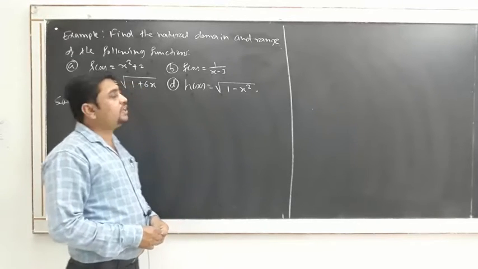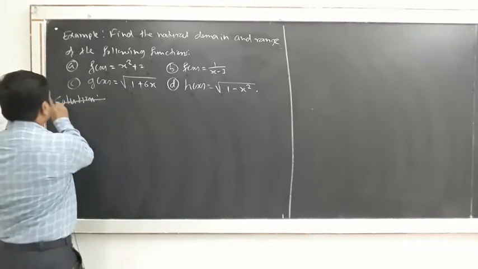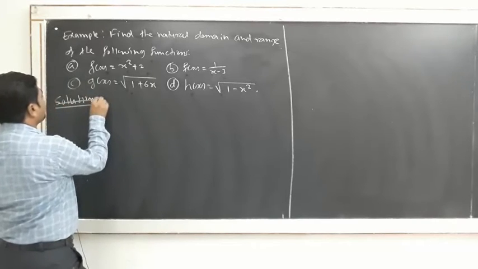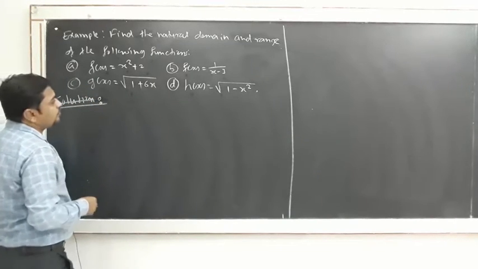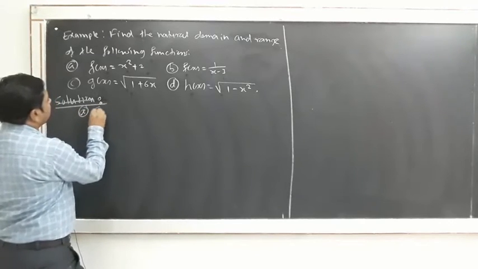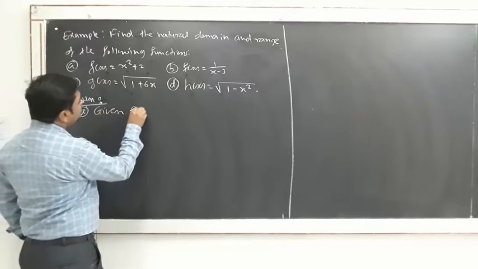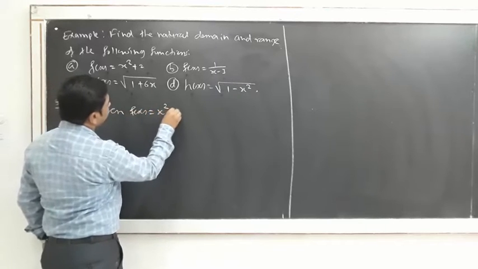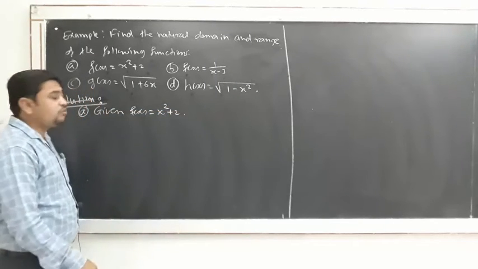So how do we define this? First we solve the first problem, so we write the solution. What is given here? f of x is equal to x square plus 2. What is the domain?